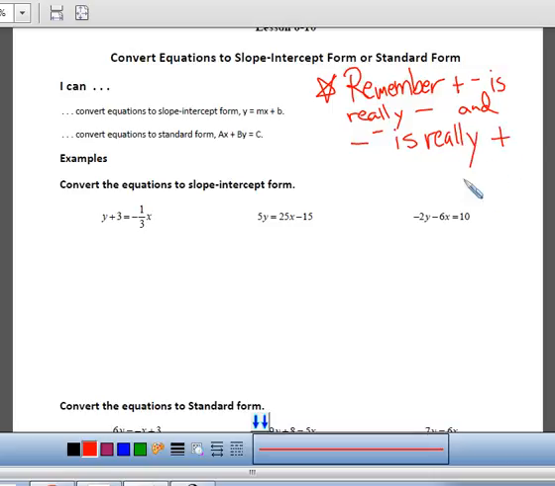The reason I want you to write this down is that some of the solving we're about to do involves changing something from subtracting a negative to adding, or adding a negative to subtracting, or the other way around, so that we can put the equation in the right form.